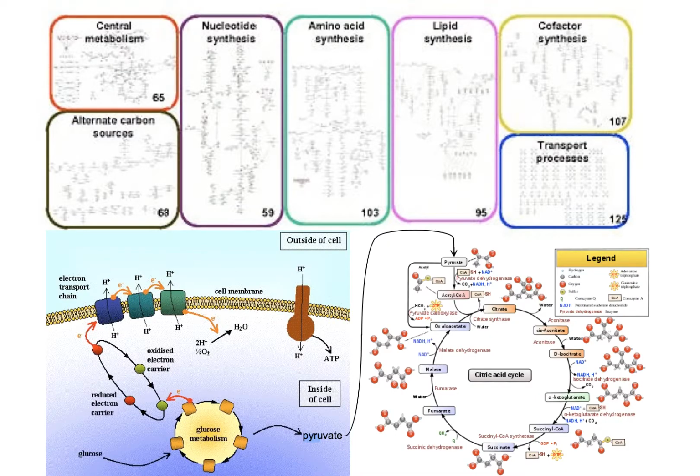Building on that last diagram, going into a little more detail, then there are parts of central metabolism, that is glycolysis, the TCA cycle, etc., alternative carbon source production, nucleic acid synthesis, amino acid synthesis, lipid synthesis, cofactor synthesis, transport processes, just a simple process of taking glucose and producing pyruvate, and then sending that into the citric acid cycle, or the TCA cycle, the tricarboxylic acid cycle.